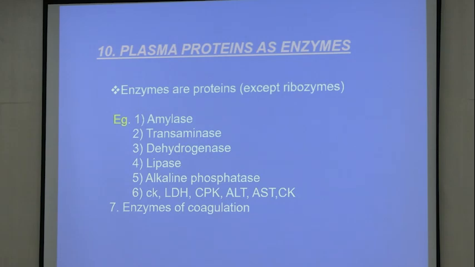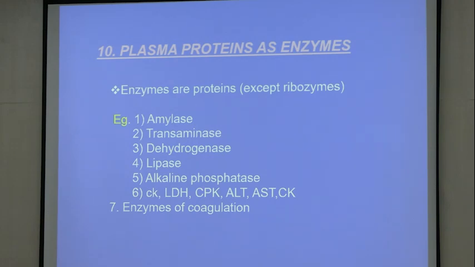Since the cells are damaged, these will enter the circulation, and in the blood plasma you may find them. Besides this, there are some other enzymes which help in different processes. Normally they remain in plasma. Under abnormal conditions these come out, but under normal conditions also some enzymes are there.